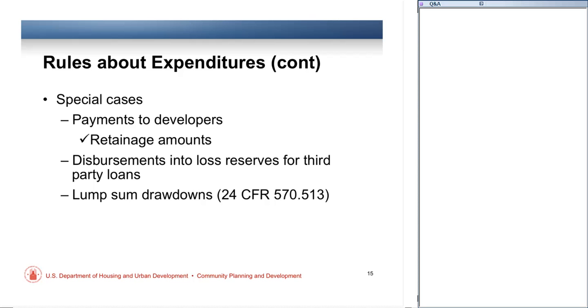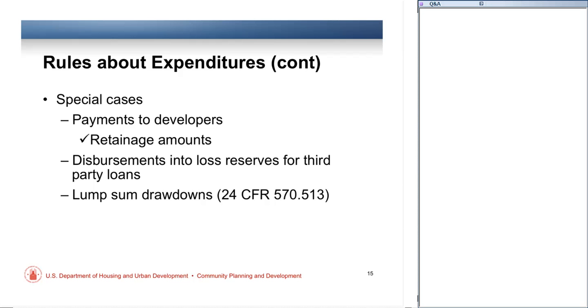So you can't have the lender say up front, well, we'll make $5 million worth of loans in this target area as long as you put up $1 million in reserves right now. Well, you can't do that.